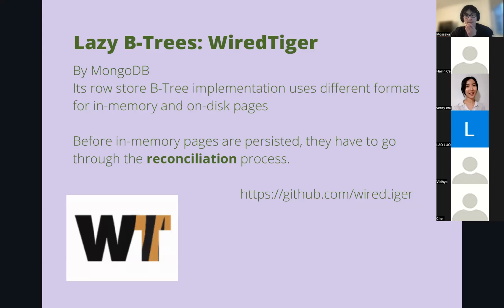Before these in-memory pages are persisted to disk, they have to go through something called the reconciliation process. I think this reconciliation process is what makes WiredTiger, or say lazy B-trees, special. You can visit their GitHub page as well. It's an open source project. Next page.